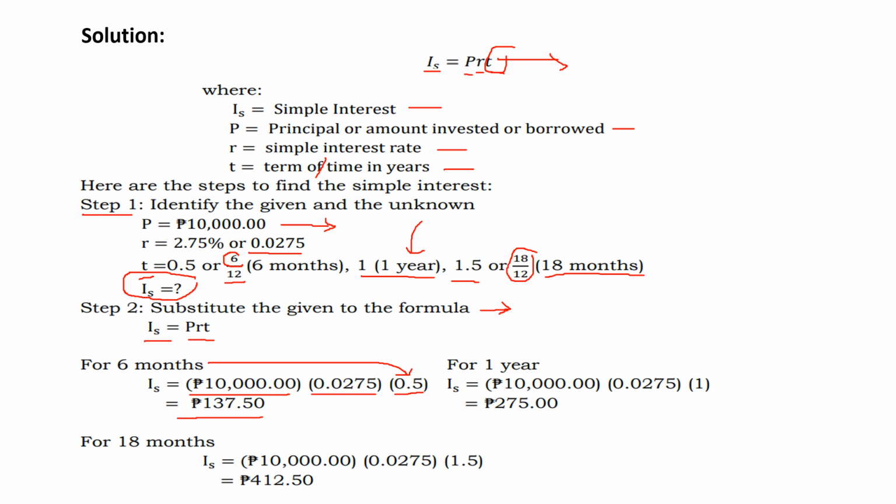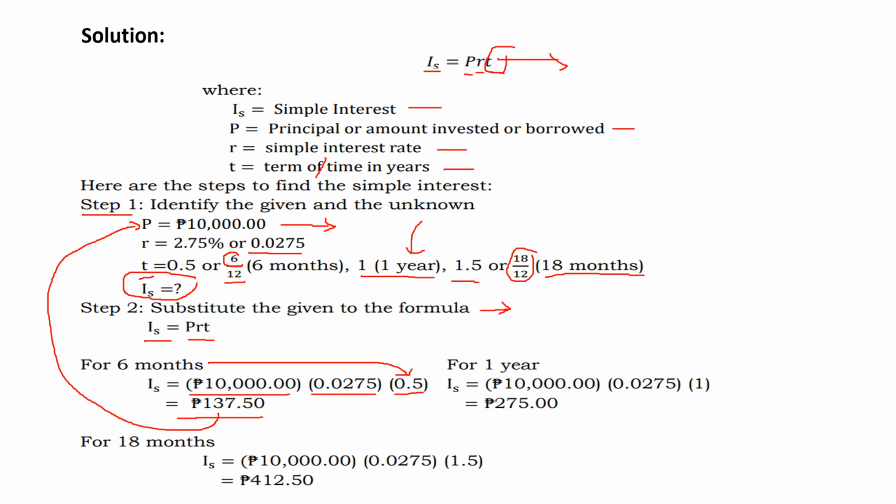137.5 pesos. So this will be the interest that his money will earn from a Filipino-owned bank with the interest of 2.75% per annum. After 6 months, the interest of his 10,000 is 137.5 pesos.